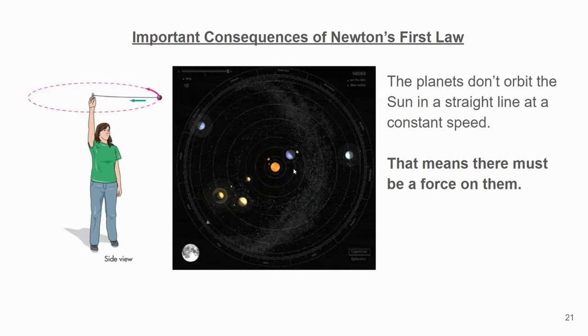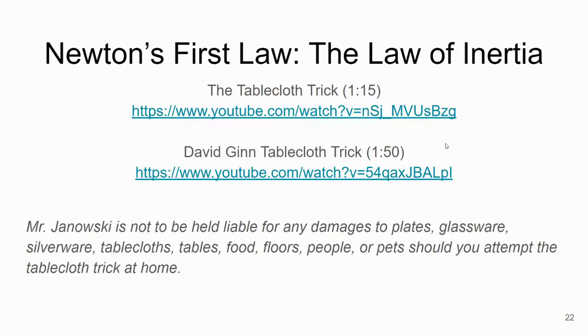But it's not going in a straight line. Its motion is curved. So that means there must be a force causing this motion. That force is gravity. Aristotle said, no, things just move in circles because they like circles. That's in their nature to be doing circles. Aristotle was wrong. Once you know the physics that Galileo and Newton figured out, you know there has to be a force, and in this case, that force is gravity.